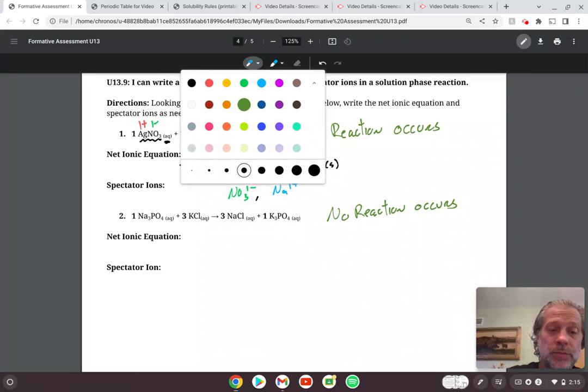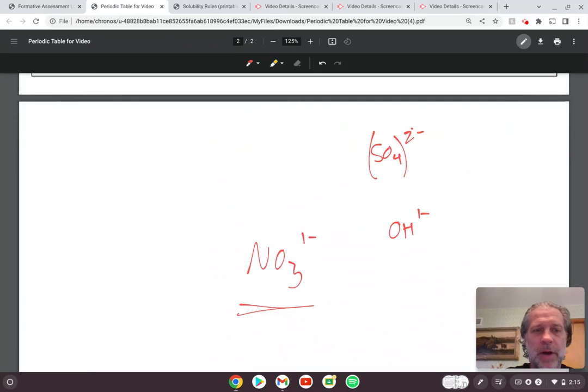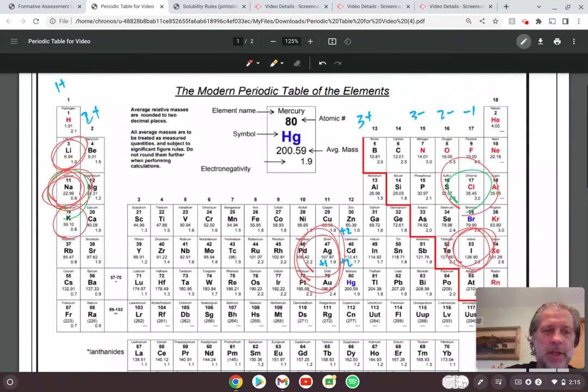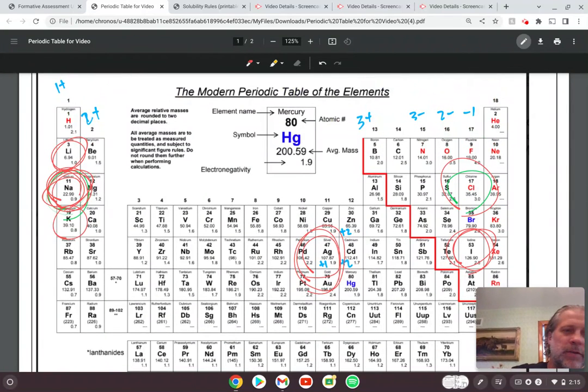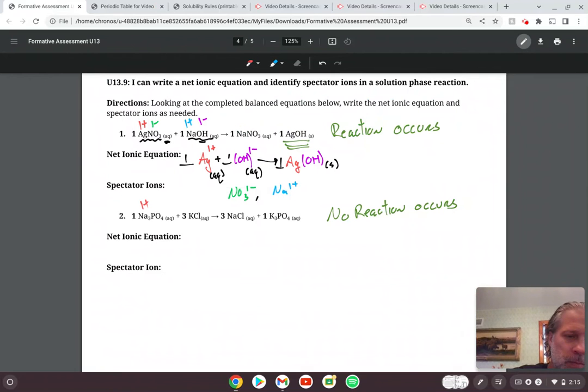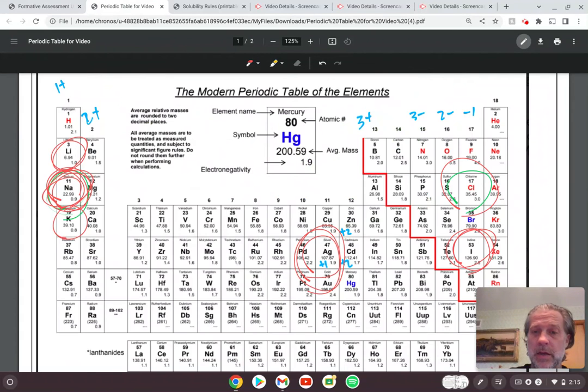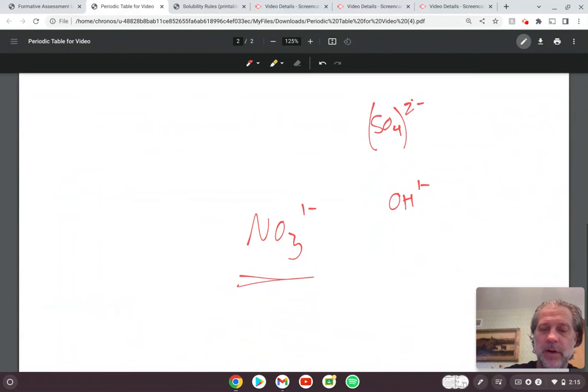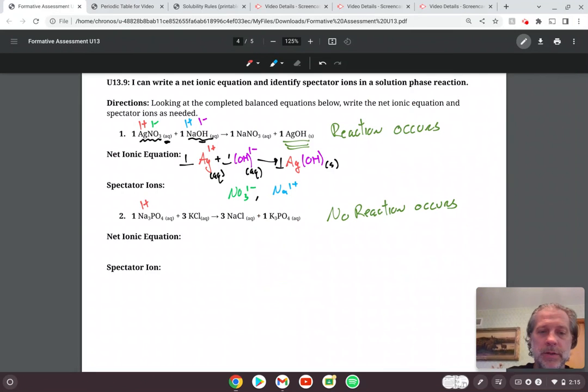So again, hopping back over to the periodic table tells me that sodium is in my first column, so it's a +1. Phosphate is a polyatomic ion. It's going to be on the back. It's PO4 with a -3, so that's going to be -3.